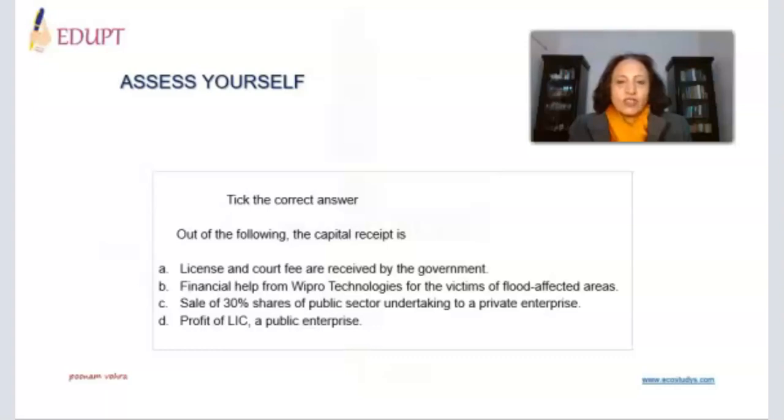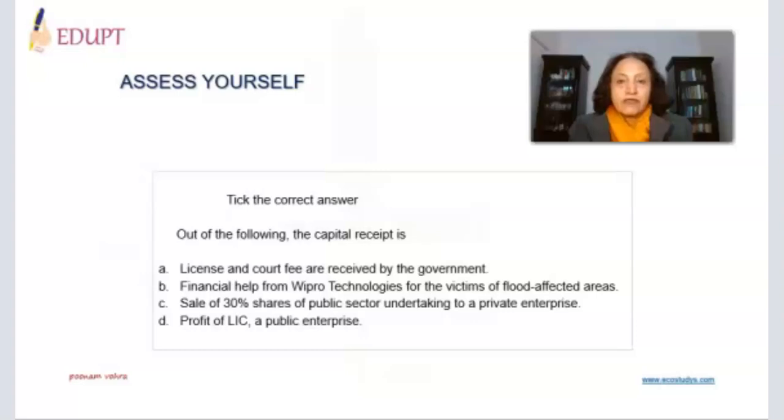Now assess yourself. You have been given 4 statements and you need to identify which of the 4 statements comprises receipts of the capital budget of the government. The statements are: A. License and court fee are received by the government.